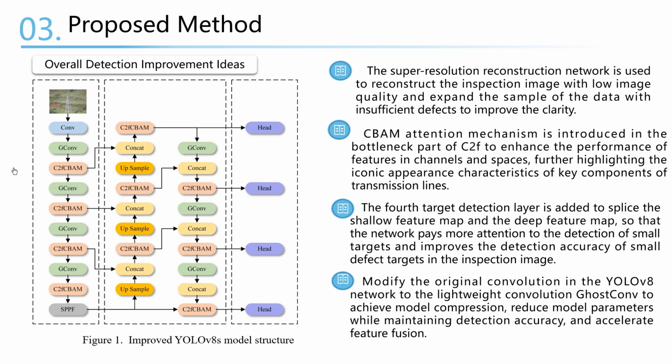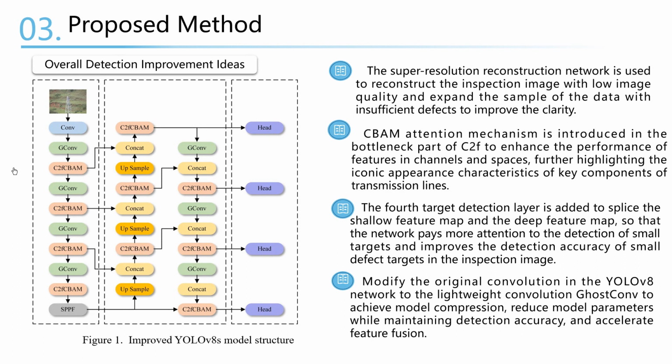The CBAM attention mechanism is introduced in the bottleneck part of C2f to enhance the performance of features in channels and spaces, further highlighting the appearance characteristics of key components of transmission lines.